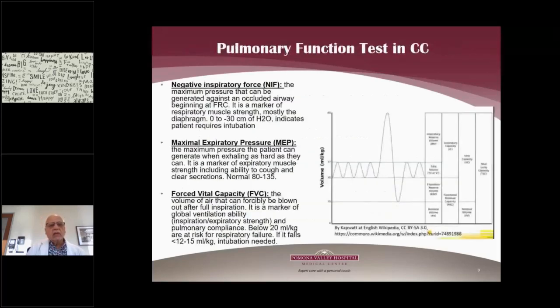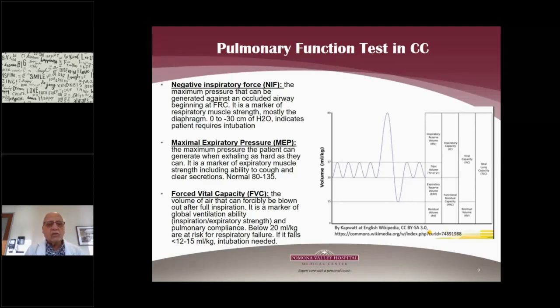These are some of the bedside pulmonary function tests that could be done, especially in the neuro ICU. They will give an indication whether the patient requires further mechanical ventilatory support or not.